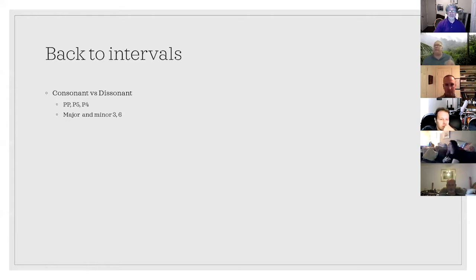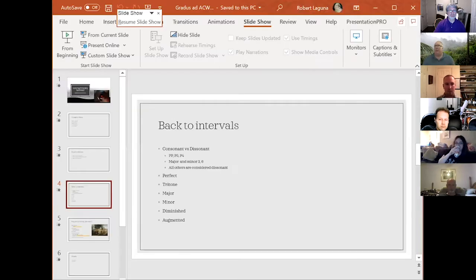So the third and the sixth don't create all that much tension, although they do have a tendency to want to release somewhere. And by the way, the perfect fifth and the perfect fourth, they want to go somewhere. They don't want to stay there very much in the context of home. This is one of the reasons why the interval of a fifth is also called a dominant, because it wants to go home.